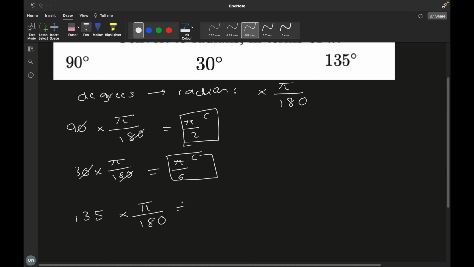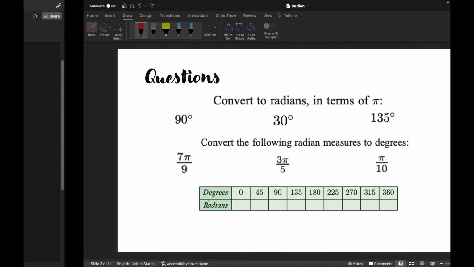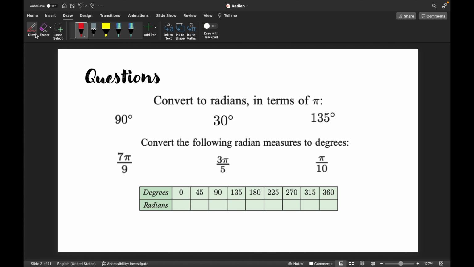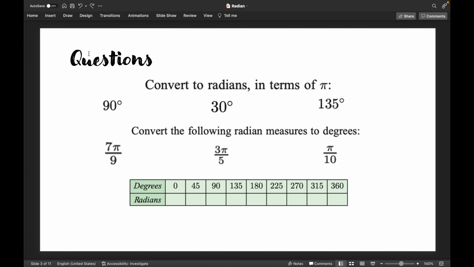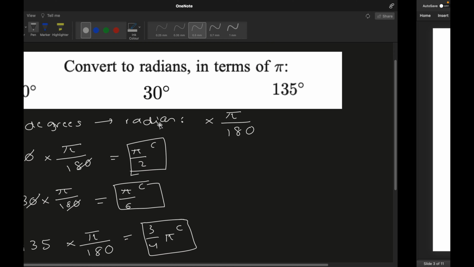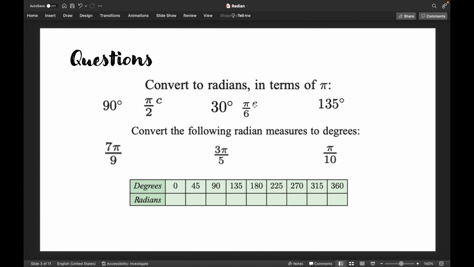So let me see how much that is. That's 3 by 4 pi radians. So these are the answers. Let's verify whether that's right. Pi by 2, pi by 6, and 3 pi by 4.